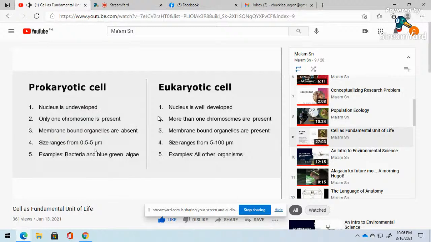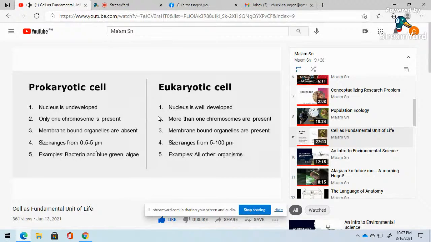So the differences between the prokaryotic cell and the eukaryotic cell. Now, when we say prokaryotic cell, we're talking about a cell that is considered to be unicellular, while the eukaryotic one is a multicellular cell or many-celled organism. Now, for the prokaryotic, first, the nucleus is underdeveloped, while in the eukaryotic, the nucleus is well developed.